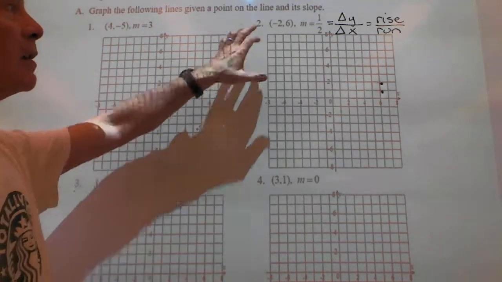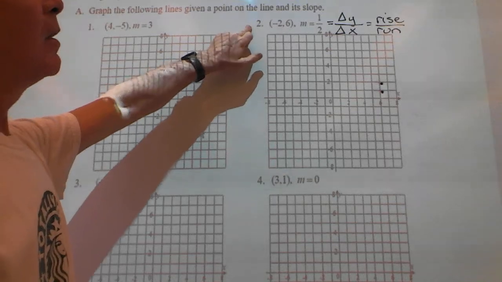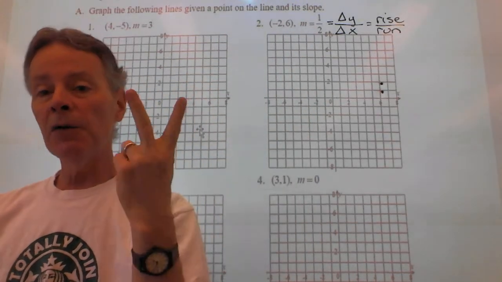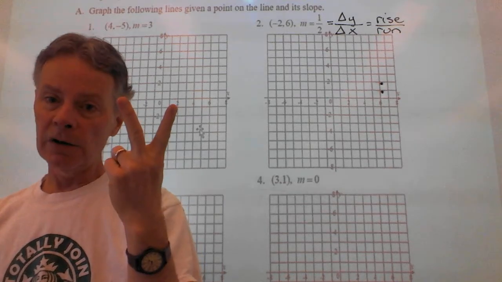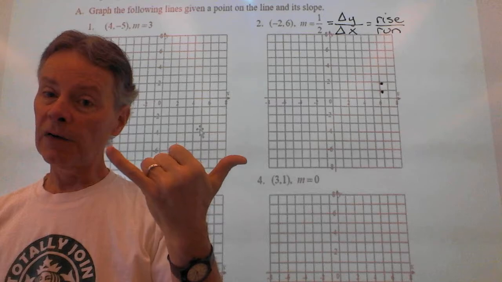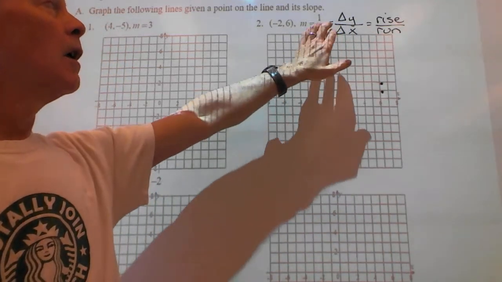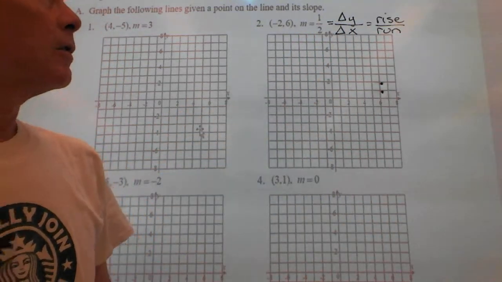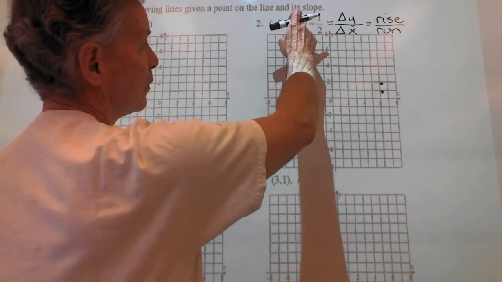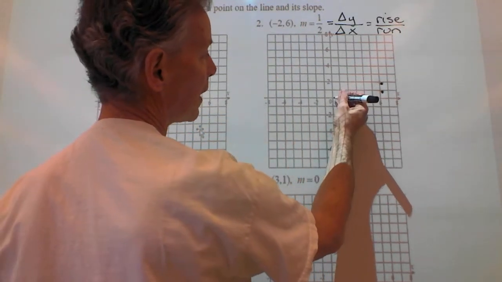Okay, so let's take a look at number 2. Number 2 gives you 2 pieces of information. If you have 2 pieces of information, either 2 points or 1 point and the slope, you can graph a line. So in this case, we're given a point at -2 and +6. Well, let's plot that.